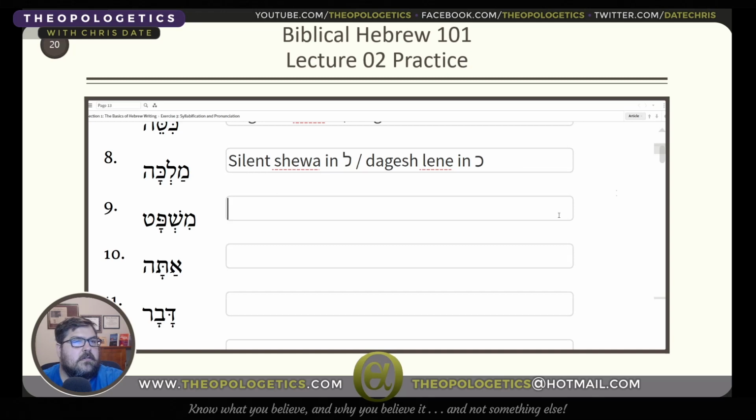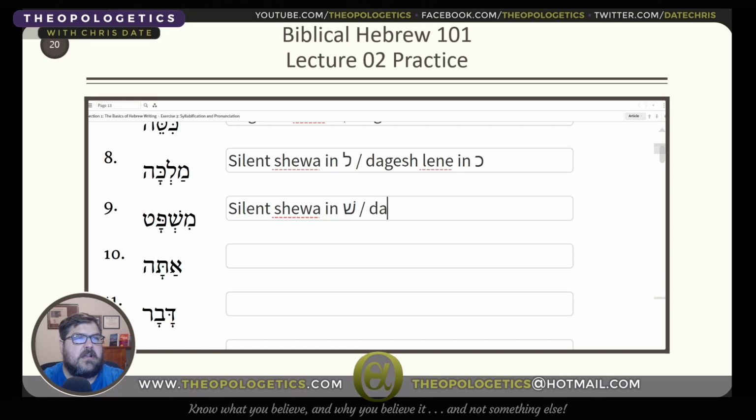Mishpat. We have a shava under the sheen, following a vowel sound e. So this is a silent shava in sheen. And then the dagesh in the pei is a begad kfat consonant, and it's following a consonant sound, the shava under sheen.